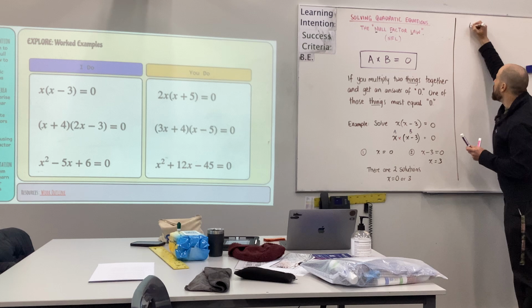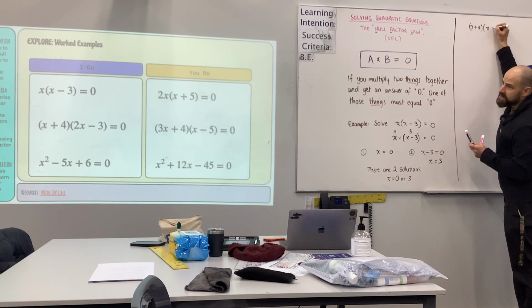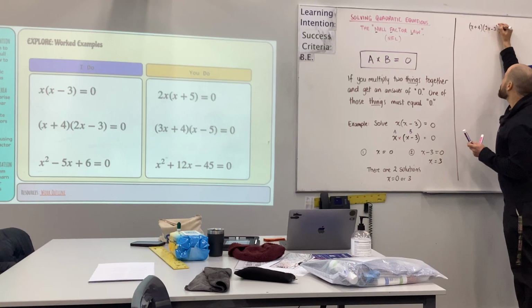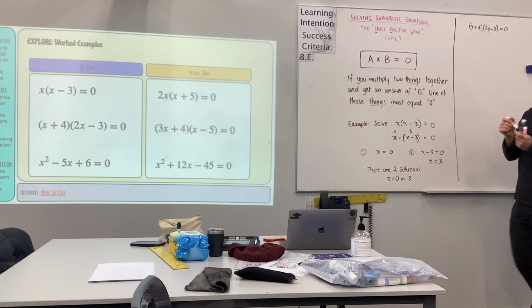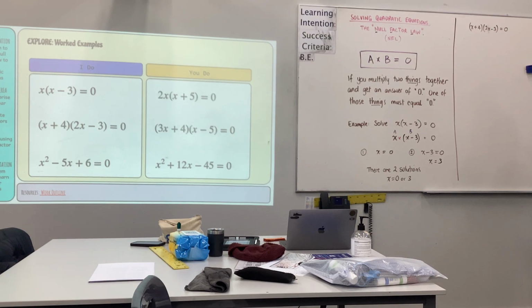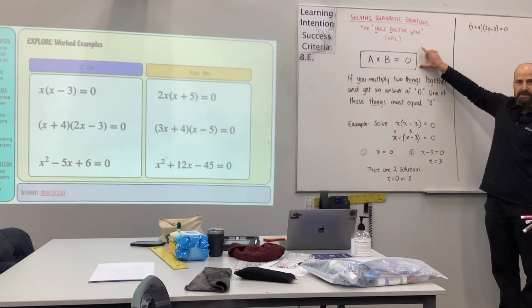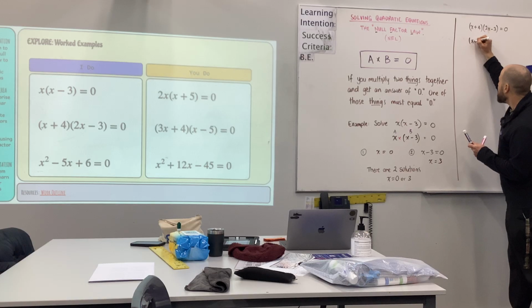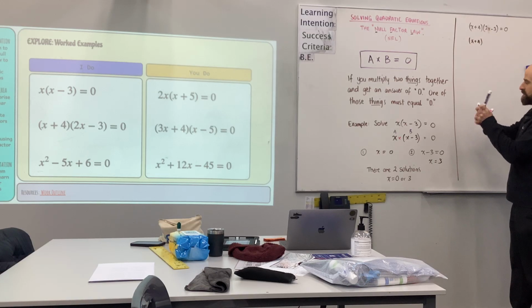x plus 4, 2x minus 3 equals 0. So we can see our problem is set up like the null factor law. We have my first part being multiplied by my second part.